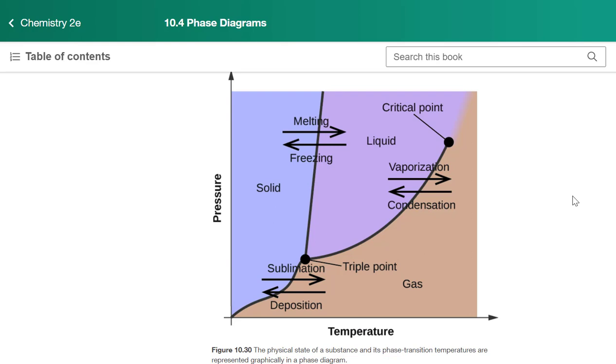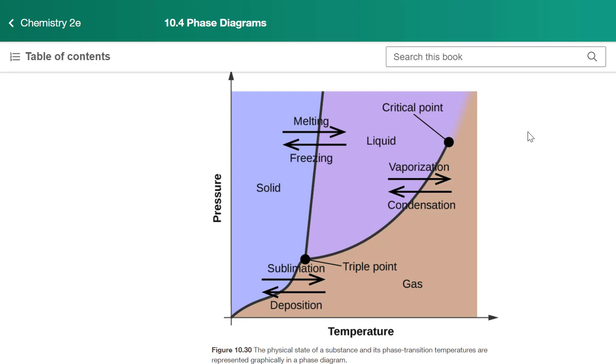That might seem a little bit odd, but if you think about what we're looking at here, we're looking at high pressures, and if you have a high enough pressure, at some point you can't push the gas molecules any closer together, and they start having to be right next to each other regardless of what the temperature is.